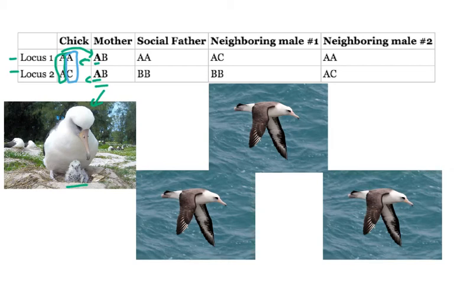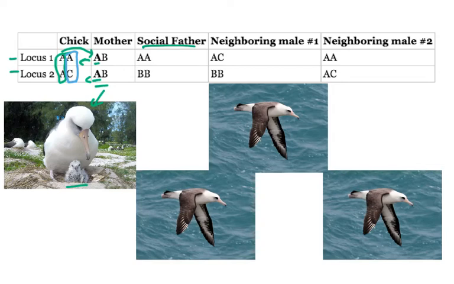And so what we can do is look at three potential dad albatrosses, and we can figure out, based on information here, whether the social father is actually the genetic father or if it's a different neighboring male. So if we look at the genotypes for the social father here, the genotype at locus 1 is AA, and at locus 2 is BB.